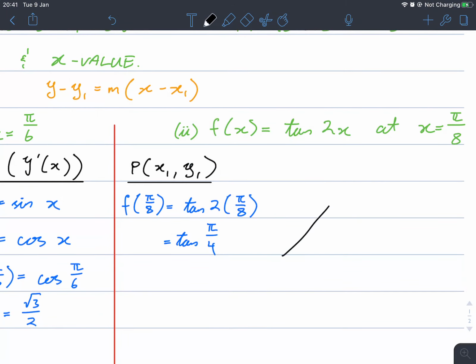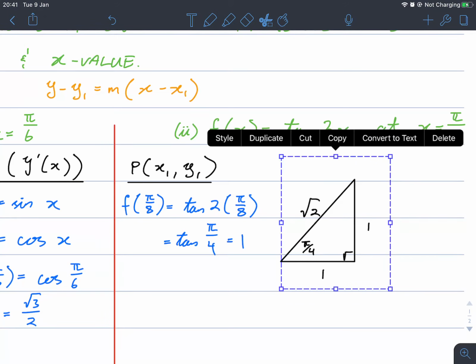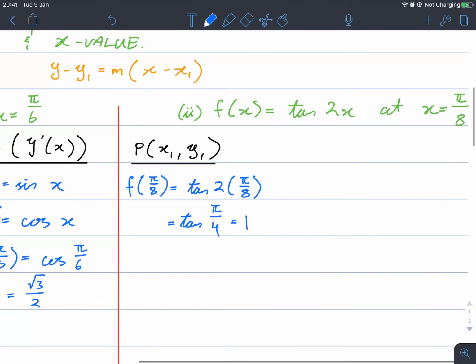If you've forgotten our exact ratios, this is pi on 4, 1, 1, root 2. So tan pi on 4 is 1 on 1. That is just 1. So the point that we're using is going to be pi on 8, 1.